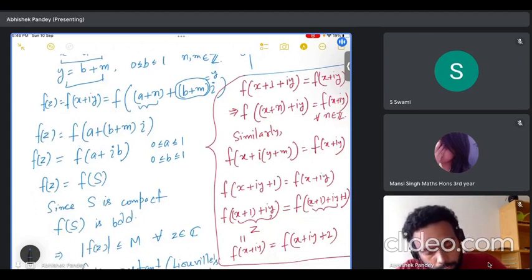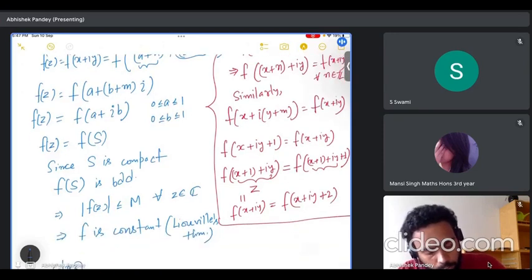Let this a be x. So f(x+n+iy) is equal to f(x+iy). So this is f(a+b+mi). Now again use this one here, and you will get f(a+ib).